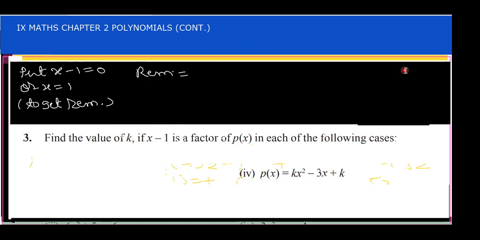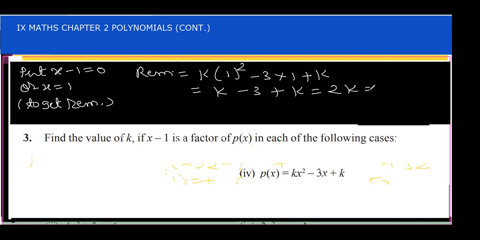So the remainder will be k as it is. In place of x, you replace x by 1, minus 3 into 1 plus k. That is k minus 3 plus k.